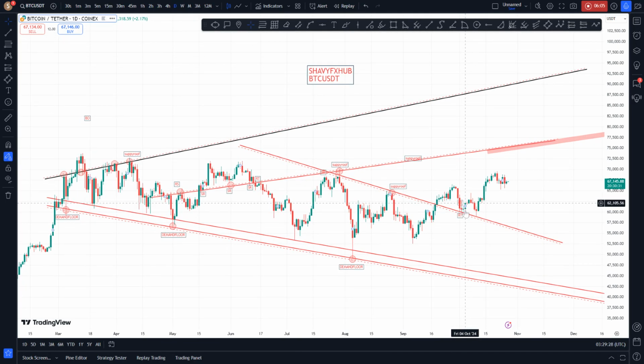Note this pattern, double bottom, double top. Anytime price wants to make a move, when it comes to an area of value, it does this, breaks the previous low, and goes.